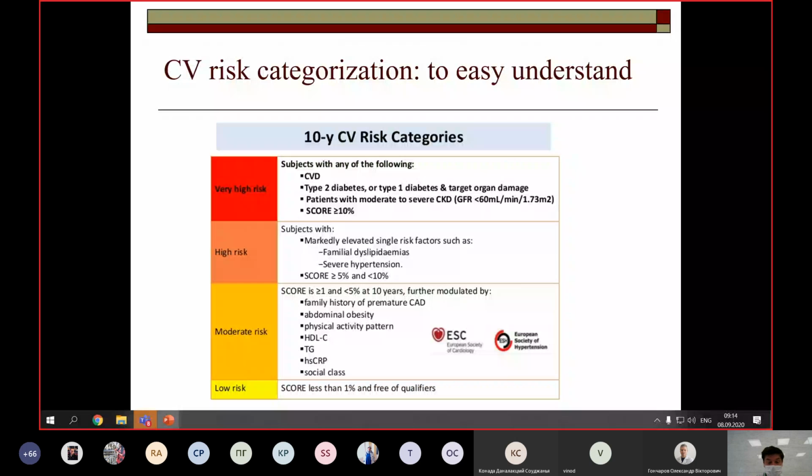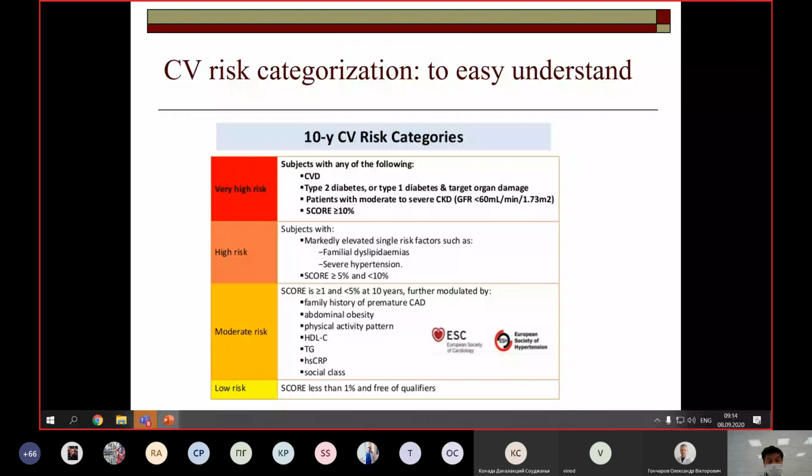It is further modulated by family history of premature cardiovascular disease and coronary artery disease, abdominal obesity, physical inactivity, high-density lipoprotein cholesterol, elevated triglycerides, social class, and a new factor recently incorporated in these clinical guidelines, high-sensitivity C-reactive protein, a non-specific marker of inflammation.